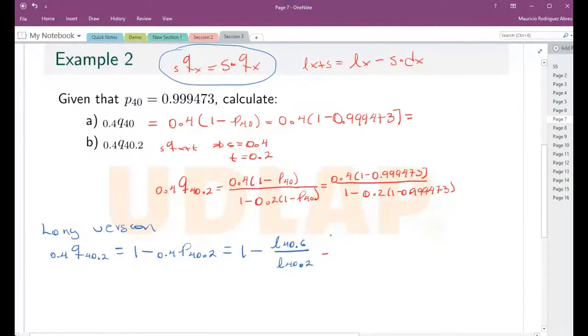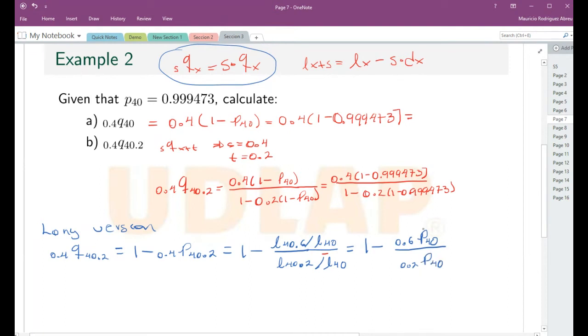But there's a way. I'm just going to use L40 here and L40 there. Essentially, I'm using just one factor of 1 there. And this translates into 0.6, 40, and 0.2, 40.